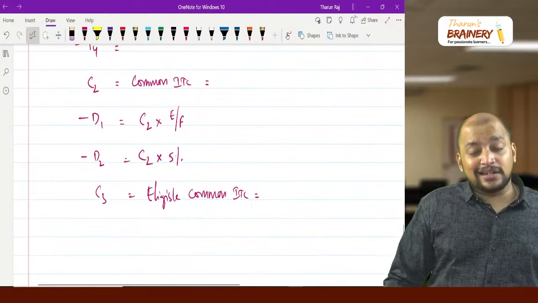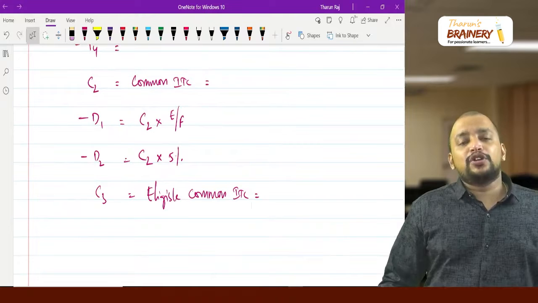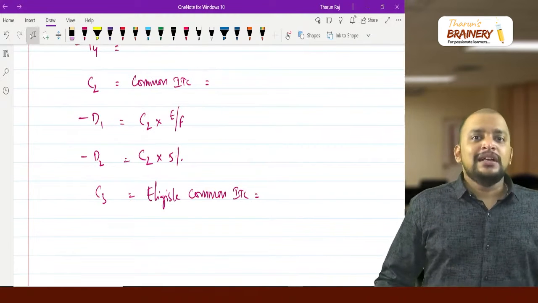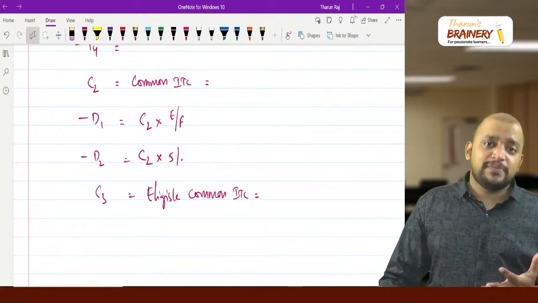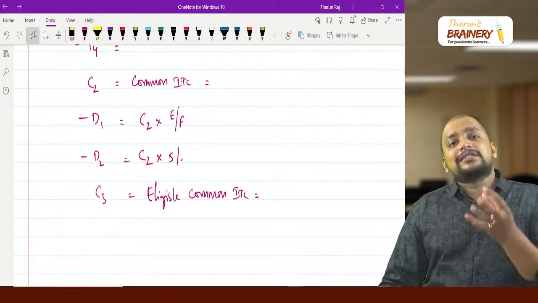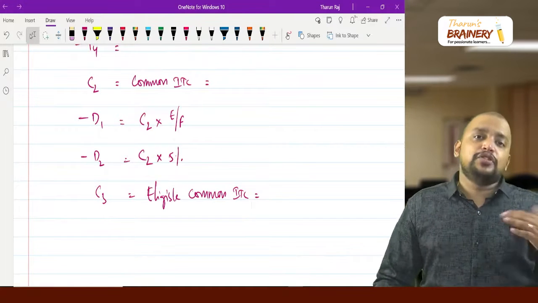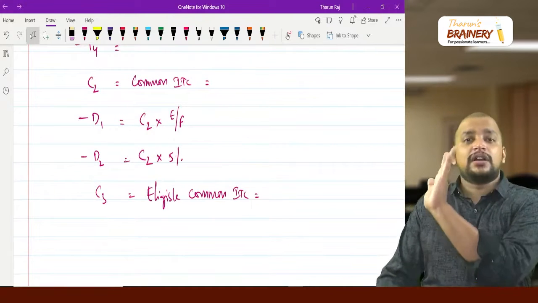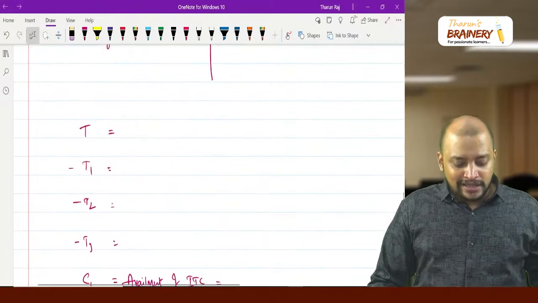D2 is common credit attributable to non-business purpose. That is, partly you will be using for business and partly you will be using for non-business. How much of the common credit is attributable to non-business purpose is given in D2. So if you know, for example, 1/3 is for non-business, 2/3 is for business, you can segregate here.